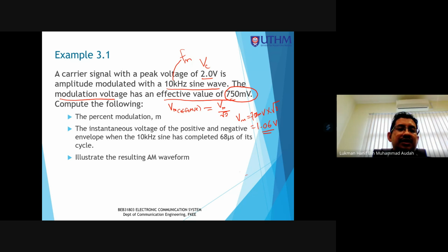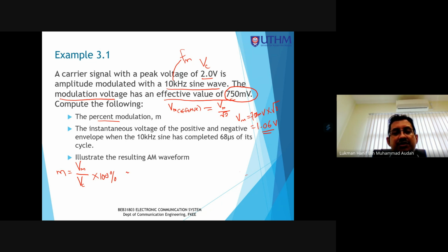The question asks you to find the percent modulation. That means I need to find the value of M, equal to Vm peak amplitude divided by Vc multiplied by 100%.